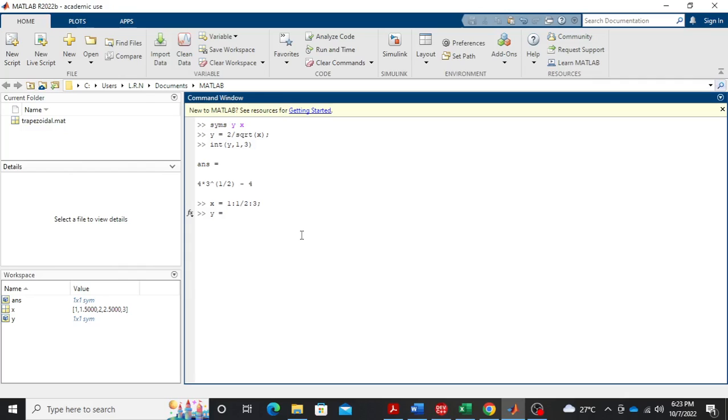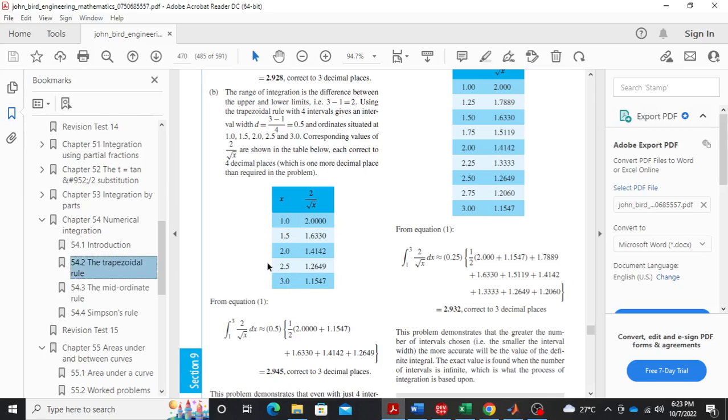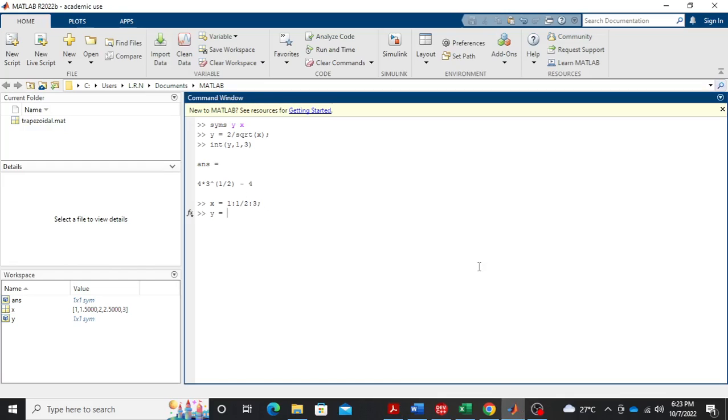So it's just the way of MATLAB to recognize these values of x from 1 to 3 with increments of 1/2. By the way, this dot here is encoded because we are dividing a scalar by an array, which is given by x from 1 to 3 with increments of 1 half.